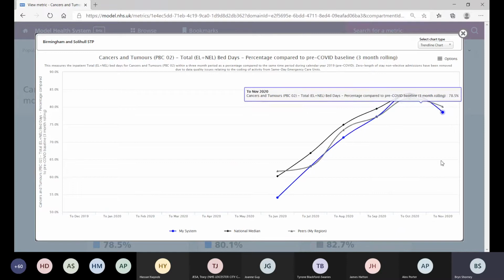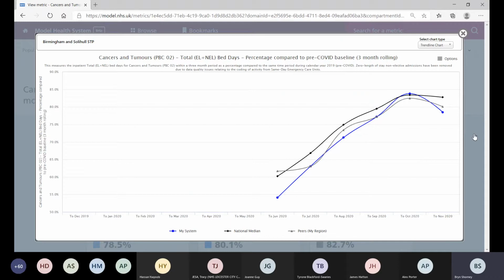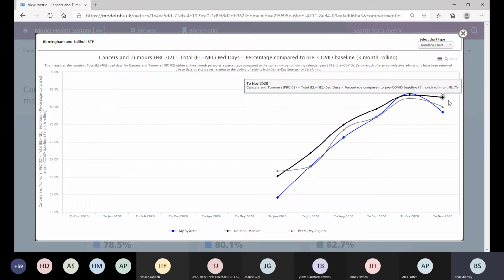You can see this STP has a fairly similar picture to both the regional and the national: the recovery very much took off, moving from 55% up towards 85% of activity or bed days being recovered, but then has started to tail off again from around November, and I imagine that has only got worse. We'll be adding the October to December data in next week.